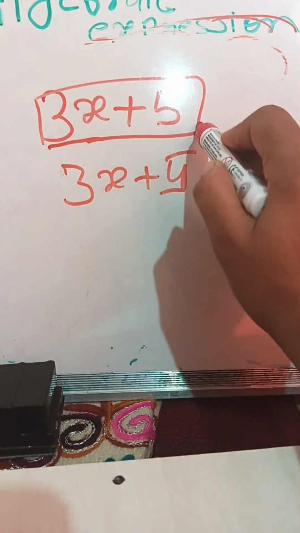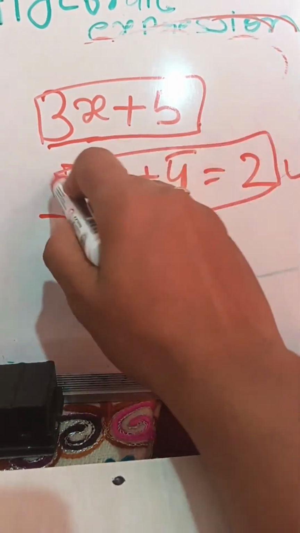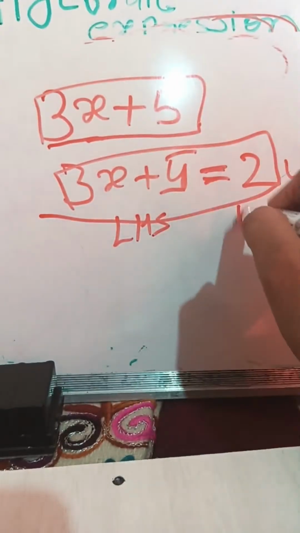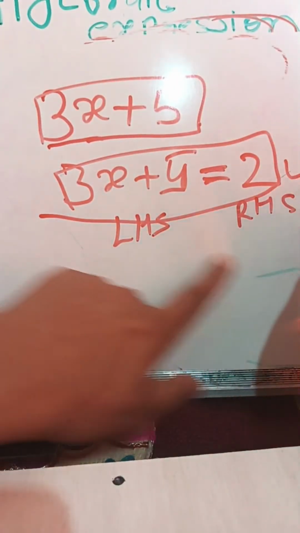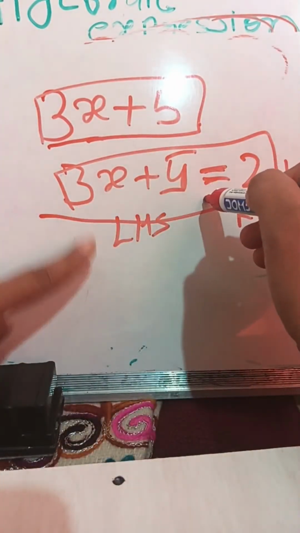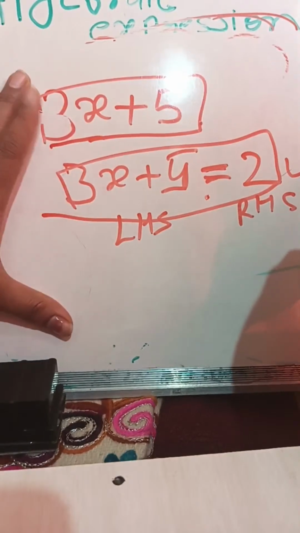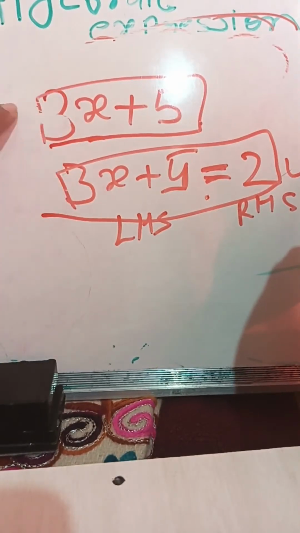Why? Because it equates. It has 2 sides, LHS and RHS. Whenever we have an LHS and RHS, then it is an equation. But whenever we have only terms, then it is an expression. It is not an equation.